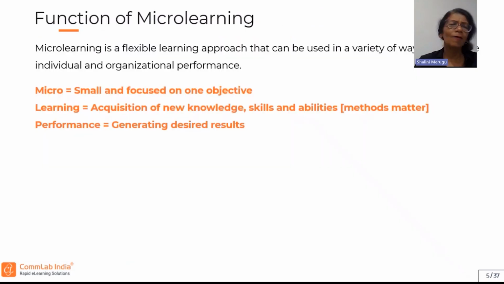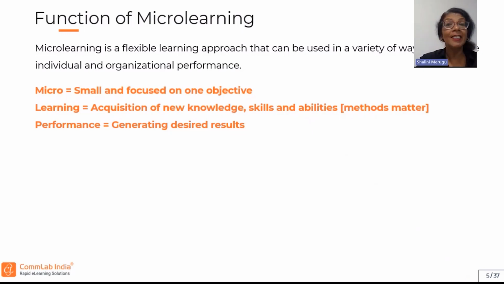And thereby the adoption is greater and the end result being that it accelerates the time to proficiency. Now, a very quick overview. As I mentioned before, it's a very flexible approach which can be really used in many ways to not just enhance the individual performance, but the entire organization performance as well as individuals gain the required skills and competence. And as the word indicates, micro, it's small, focused on just one objective.